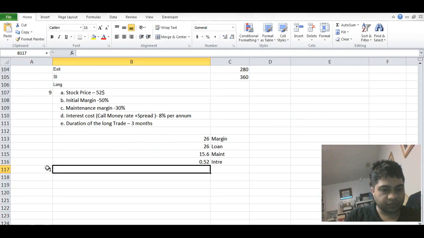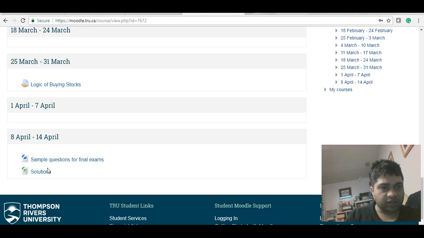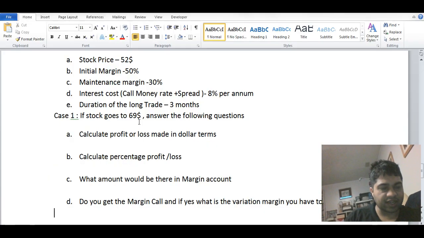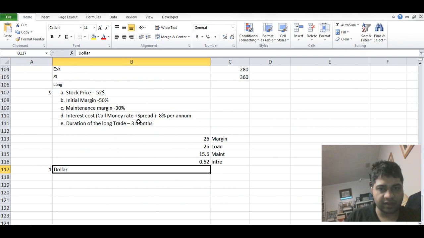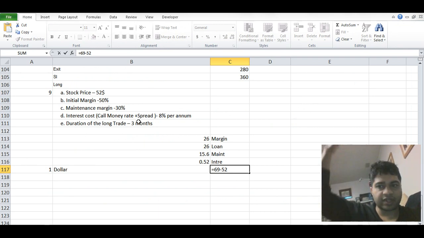So first, dollar profit. Case 1, the stock is going to $69. So dollar profit will be 69 minus 52, you entered at 52, right? Now it is at 69.